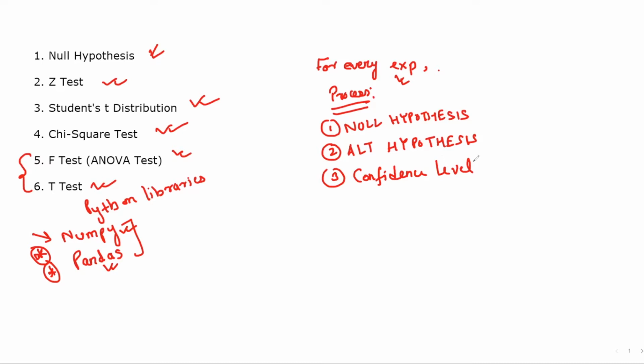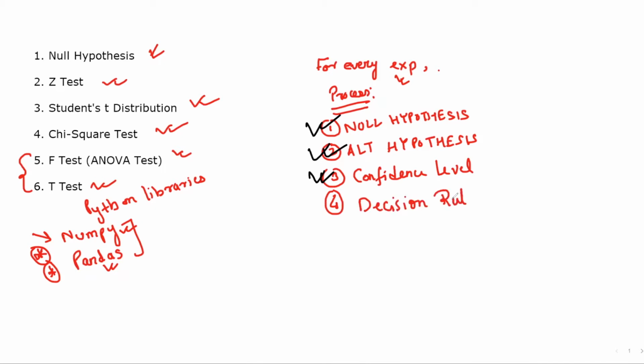So you just go through my previous video to get an idea of what I am talking right now. So anyways, for the experiments, first of all, you need to define your null hypothesis. You need to define then your alternate hypothesis. You need to know your confidence interval. Fourth, you will have your decision rule.